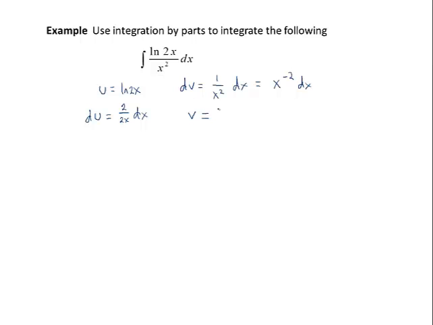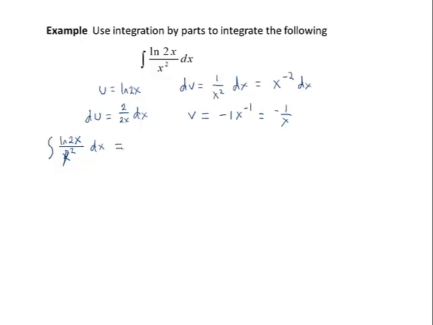So we get v is negative 1 times x to the negative first, which I will rewrite as negative 1 over x. Now when I do an integration by parts problem, I always like to write down the original integral. So here it's the integral of natural log 2x over x squared dx.